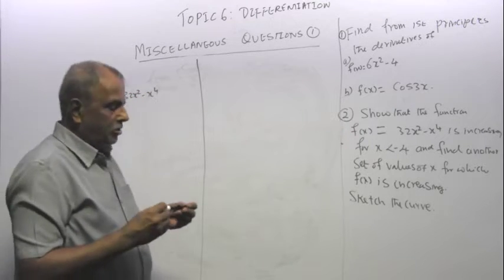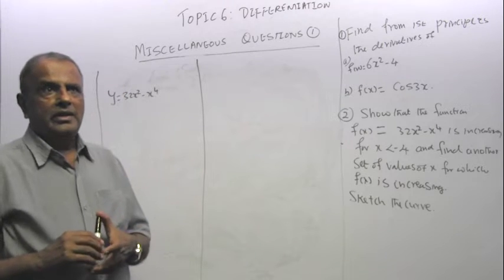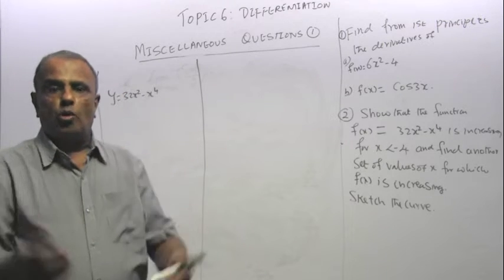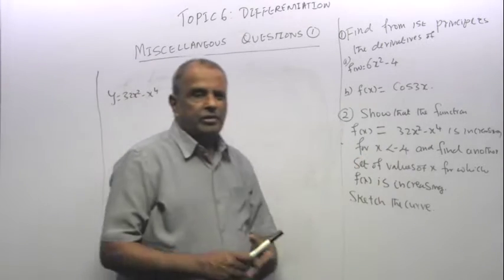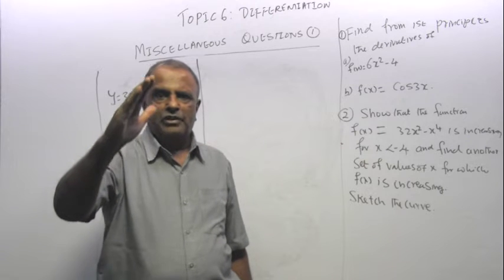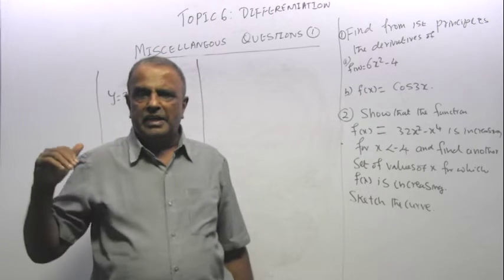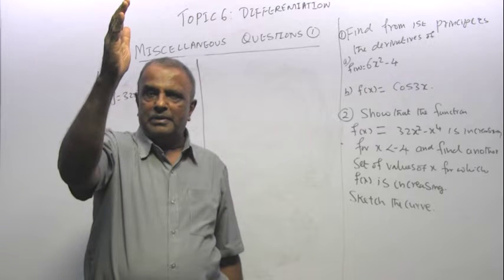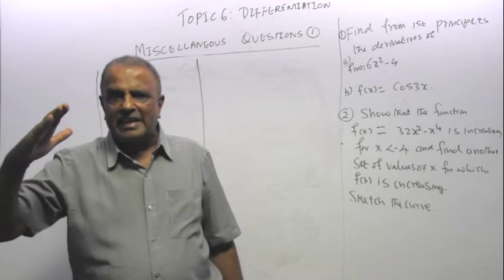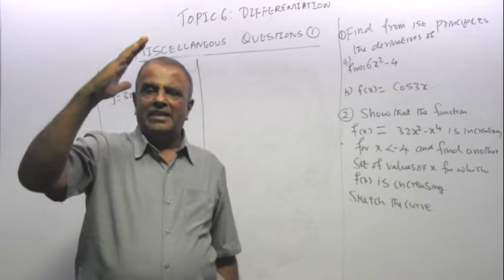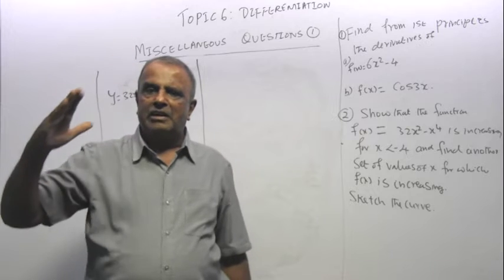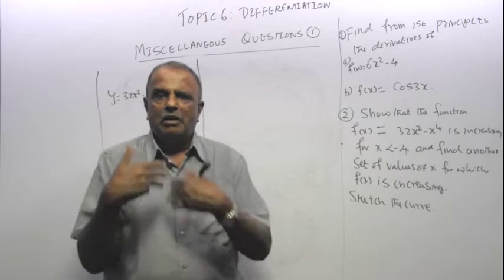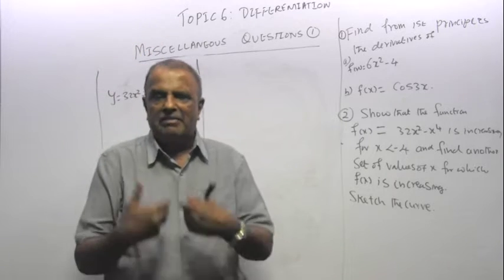And this I told you I'm not going to teach you, but I took an example to go over. Increasing function, that means the graph is going up. If the graph is going up, that means if you draw the tangent, it will have a positive gradient. But what's the gradient of the tangent? dy by dx.